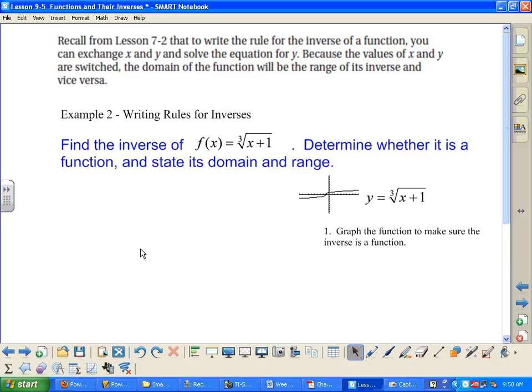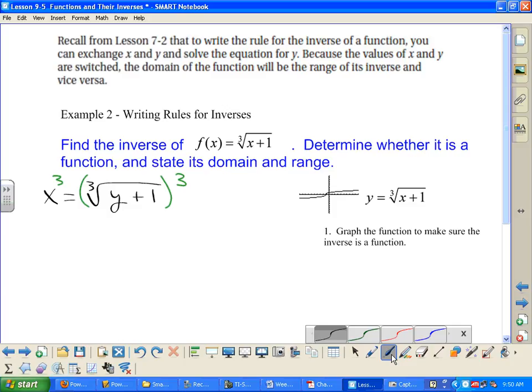Okay. So now we're going to go ahead and switch x and y and solve for y to find the inverse. So we'll have x equals the cube root of y plus 1. So I want to find this inverse, and so what do I do now? All right, because we want to get rid of the cube root, so we're going to go ahead and cube both sides. So we get x cubed equals y plus 1.